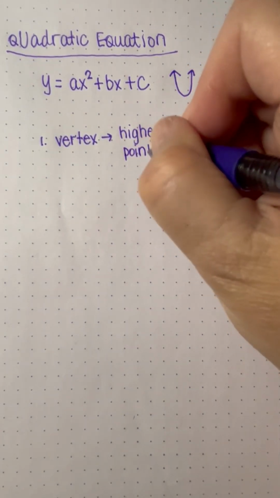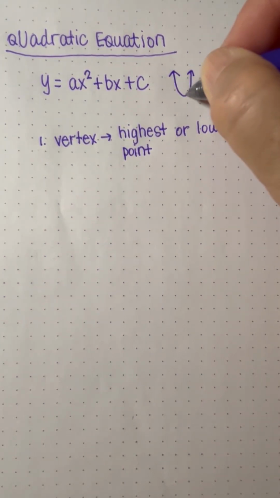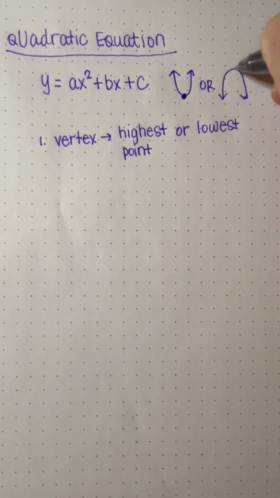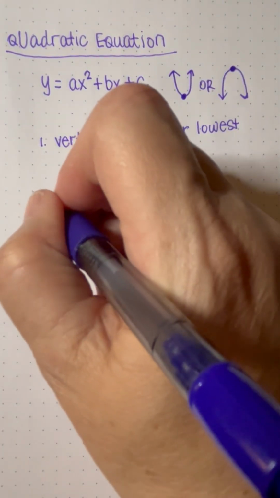So if they ask you for the vertex, that's what they want. On this U right here, my vertex would be the lowest point, and that would be a minimum. And on this parabola, or this U-shaped graph right here, my vertex would be the highest point, and would be located right there. So when they ask for the vertex, they want the highest or lowest point.